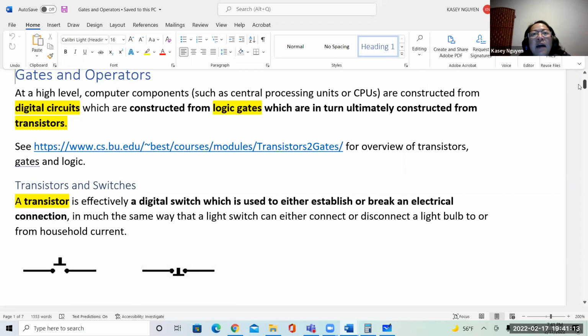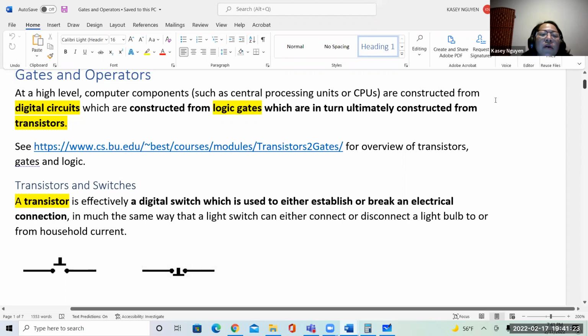We talked about how 0 represents 0 volts, and the 1, when it turns on, represents 5 volts. So the digital circuits are constructed from what are called logic gates. At the simplest level, your processor is just a group of logic gates built into digital circuits.